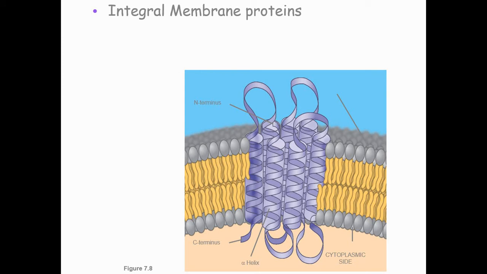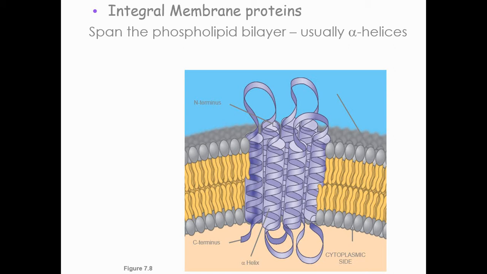So let's go around a little bit on the proteins, okay? Usually, the integral membrane proteins in the lipid bilayer are alpha helices. So, diba, we have the alpha helix protein, and we have the beta pleated sheet protein.